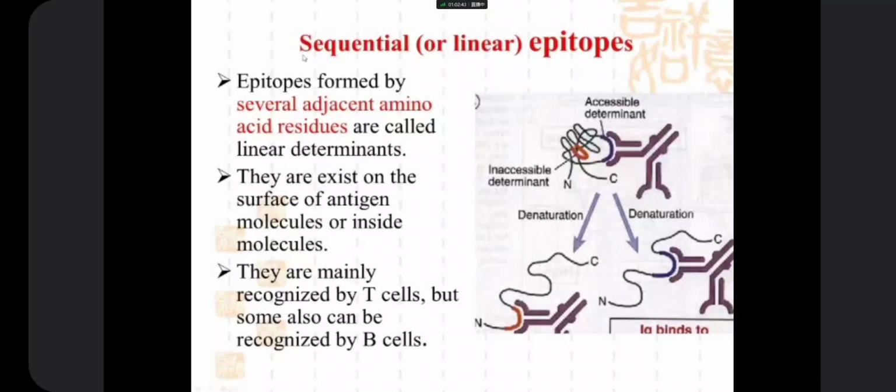Okay, this is sequential epitope. The epitopes formed by several adjacent amino acid residues are called linear determinants. They exist on the surface of antigen molecules or inside molecules. They are mainly recognized by T cells, but some also can be recognized by B cells.